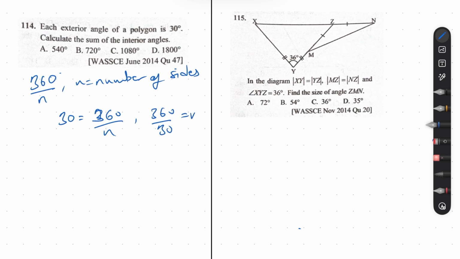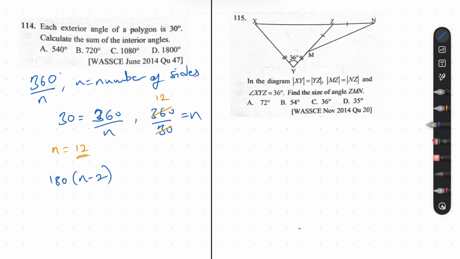So our n will be what? When we cancel out, what do we get? 12. So n is equal to 12. That's a 12-sided polygon. Now the question says we should calculate the sum of interior angles. What's the formula for that? 180(n minus 2).